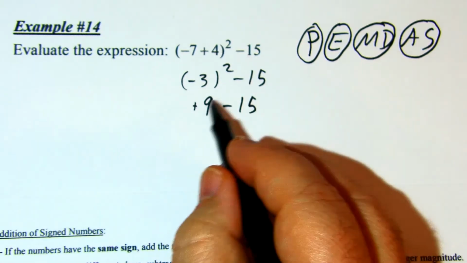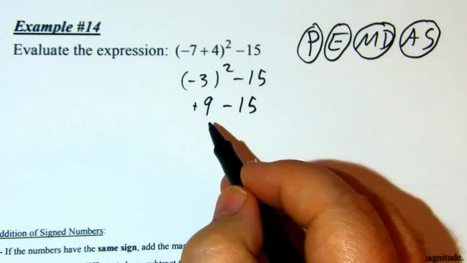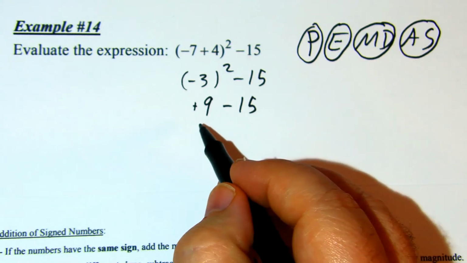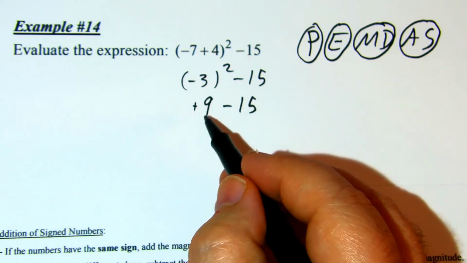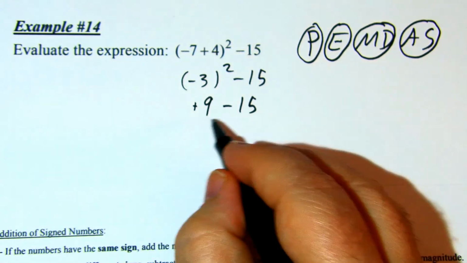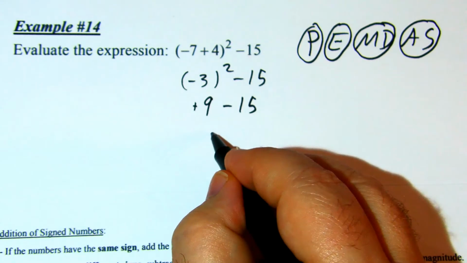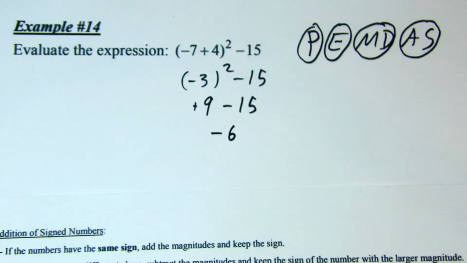Now how you handle this, you've got some options. My favorite way is to simply do the subtraction and realize that since you're subtracting more than you started with, you're going to get a negative. And so 9 minus 15 is -6. There will be several ways for you to think about that. One of the nice ones is if you just type 9 minus 15 on your calculator, it knows it's -6.